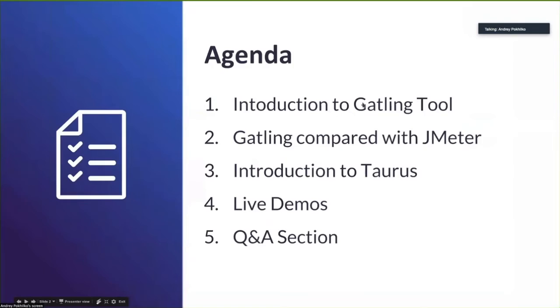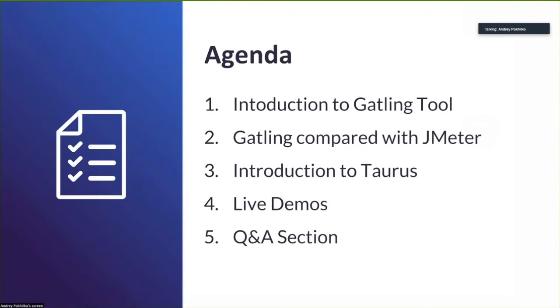Our agenda today is to introduce the Gatling tool for people who do not know much about it and want to know it, compare Gatling with JMeter, understand how it compares and what the specifics of each are, and introduce the Taurus tool, because it's an important part of Gatling usage for us to enhance Gatling by using the Taurus project.